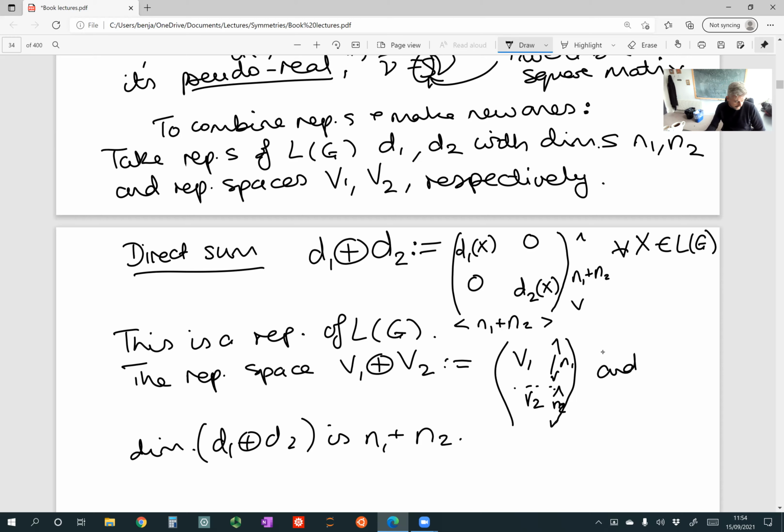Now, again, you'll be showing in the exercise that the block diagonal structure survives exponentiation for this direct sum.